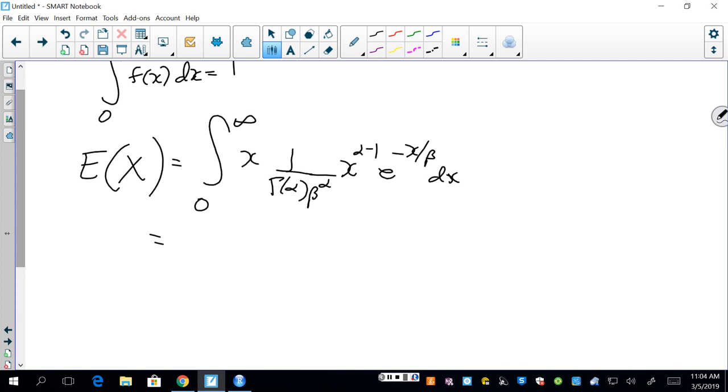Let's pull out things that can come out: 1 over gamma alpha, beta to the alpha, and then combine some terms. For x, I'm not going to make it just alpha; I'm going to write alpha plus 1 minus 1, and e to the negative x over beta dx.